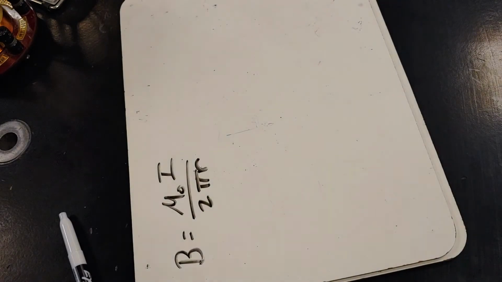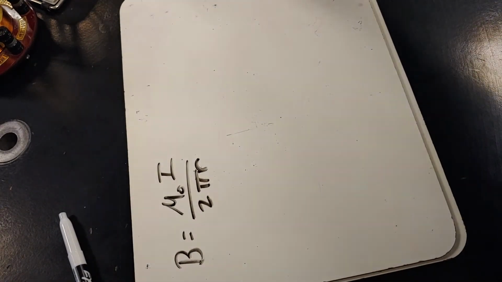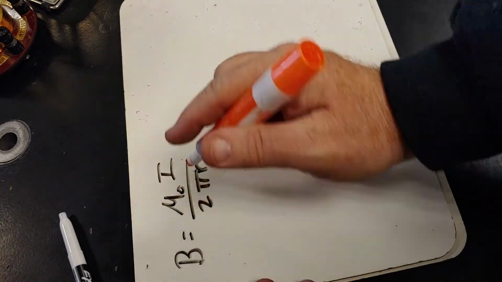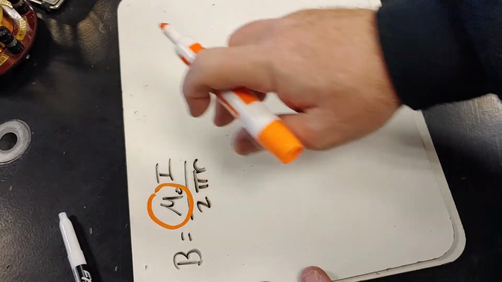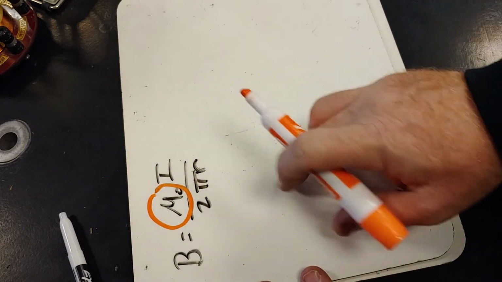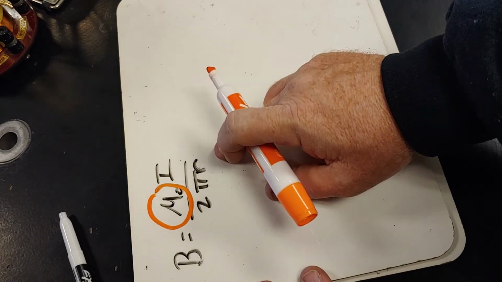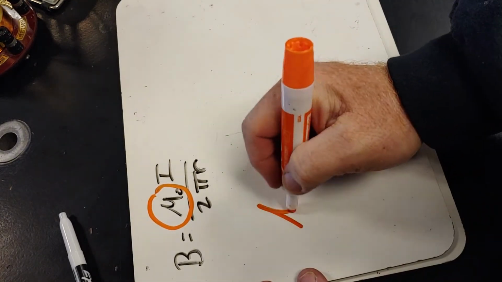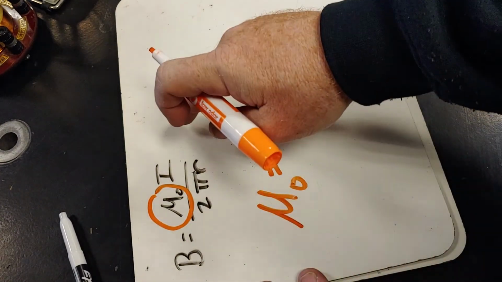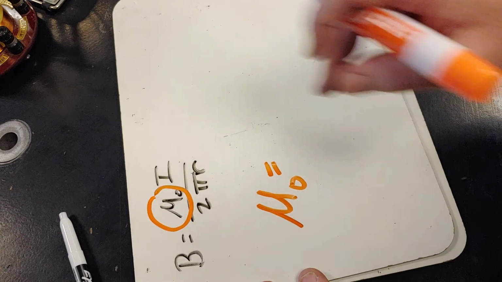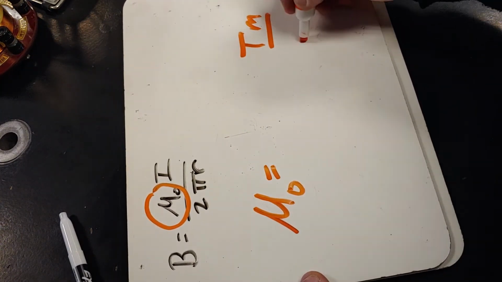And we're back. So, after you gave that some thought, what must the units for mu naught be? Well, we're multiplying it by a current, dividing it by 2 pi, a unitless value, another unitless value, and a value in meters. So mu naught must have the units that would give us Tesla if we multiply it by a current and divide it by a distance. So of course, that is Tesla meters per ampere.